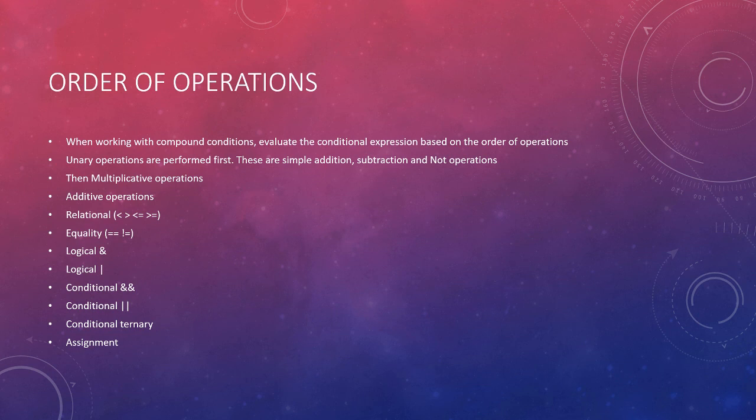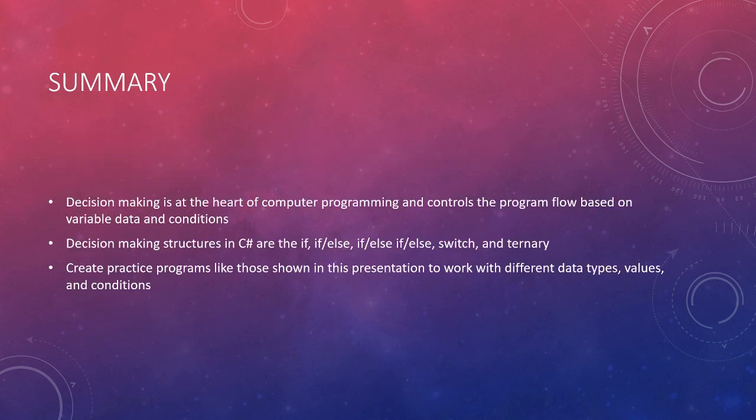Then multiplicative, which would include dividing, then add and subtract operations that are more than one operator, our relationals, greater than, less than, our equality comparators, our logical and or, our conditional and or, our conditional ternary, and lastly, our assignment statements. So remember, always use parentheses to clean things up and make sure things happen in the right order. Even if your order of operations would be correct, it's nice to use parentheses to document that.